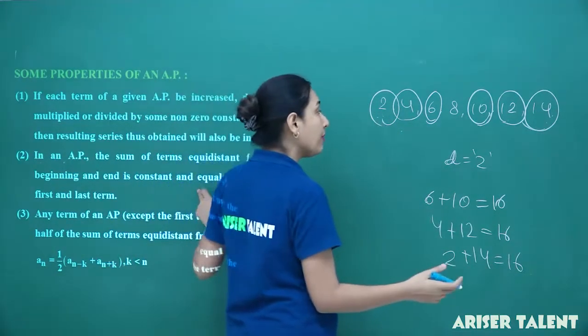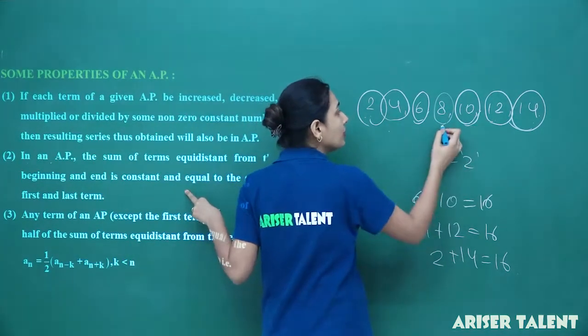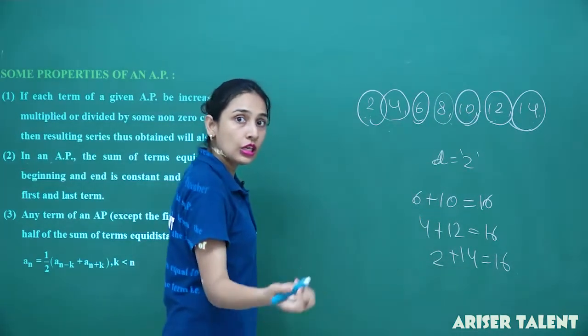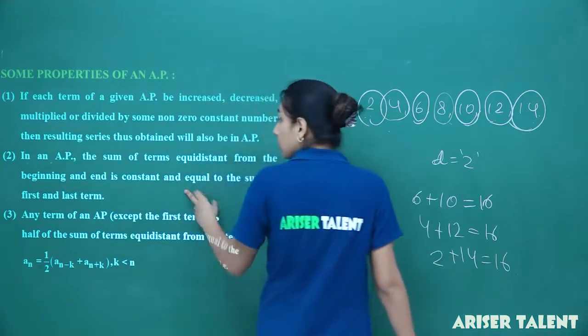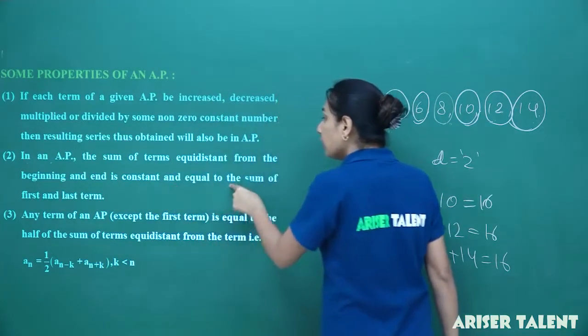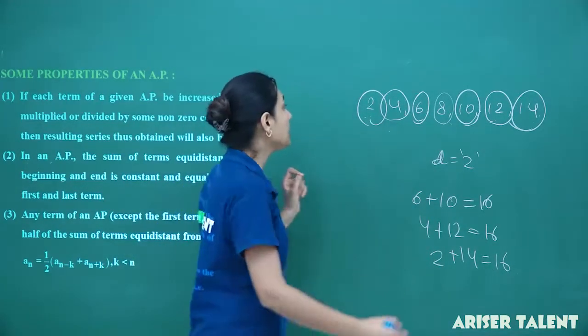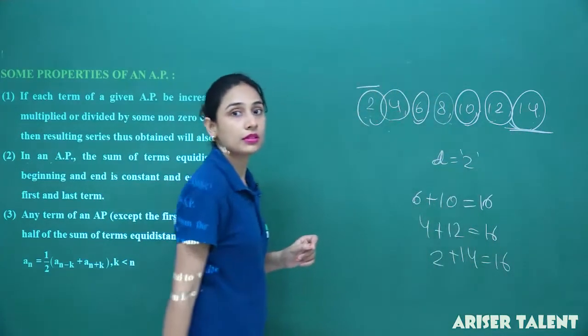If I take the fourth from here, which is 8, and the fourth from the other end, 8, then 8 plus 8 is again 16. So we are getting 16 in each and every case. It is constant and equal to the sum of the first and last term. It always equals the sum of the first and last term.